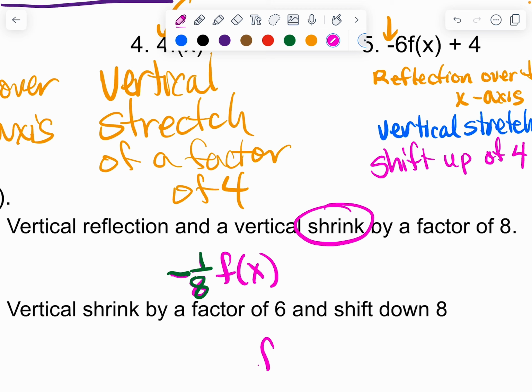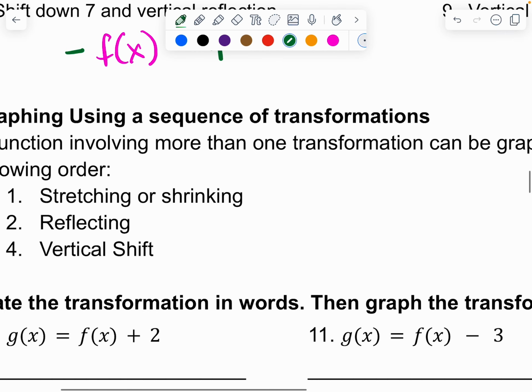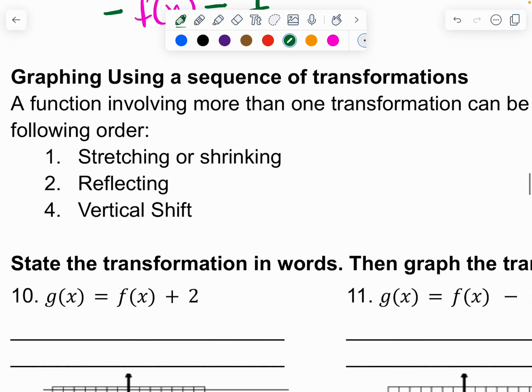Okay, and then the last but not least, we have a vertical shrink of a factor of 6, so that's 1/6, and a shift down of 8. And that's all you do. On this one, the stretching or shrinking comes first, reflecting, and then the vertical shift.